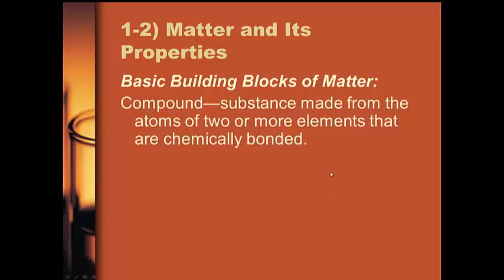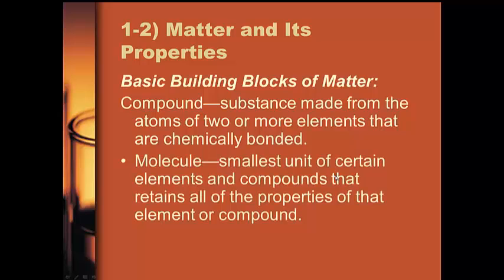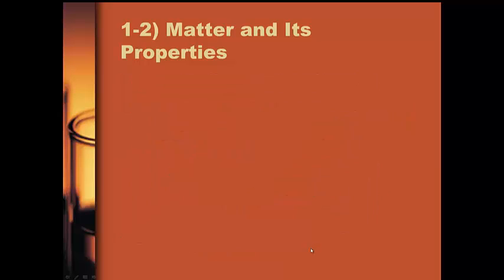A molecule is the smallest unit of certain types of elements and compounds, and it retains all the properties of that element or compound. Examples: water, H2O, this is a molecule. C12H22O11. Remember this formula here. It's going to come up a bunch of times. This is sucrose. Sucrose is basically just table sugar.